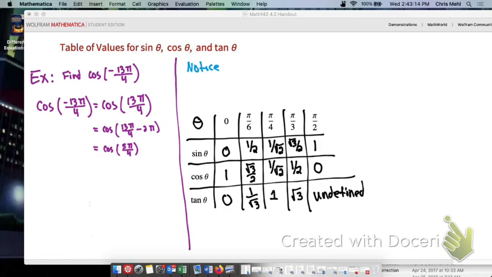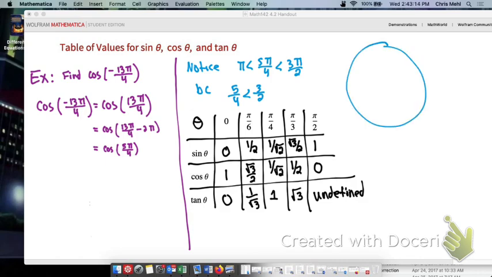I want you to notice that 5 pi over 4 is bigger than pi, but less than 3 pi over 2, because 5/4 is less than 3/2. 5/4 is 1.25, 3/2 is 1.5. So that means the angle 5 pi over 4 is in quadrant 3.